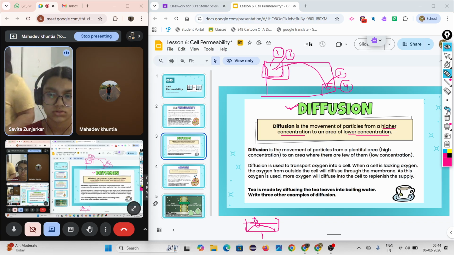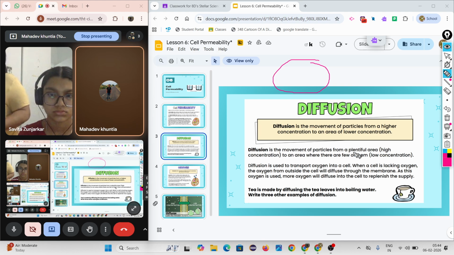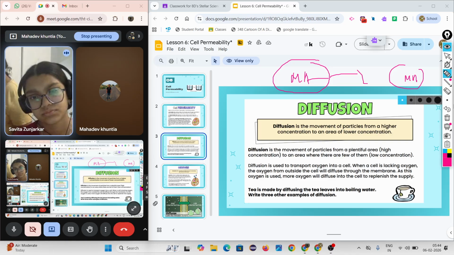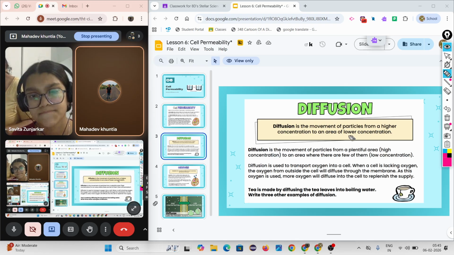Higher to lower concentration means from the maximum area to the minimum area. So diffusion is the movement of particles from a higher concentration to an area of lower concentration.